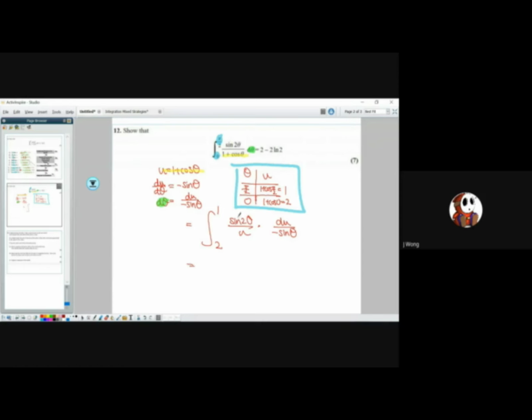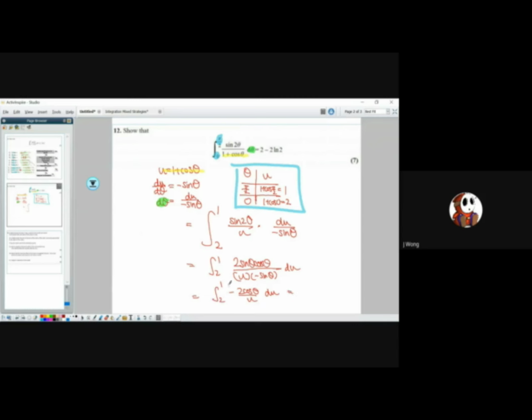Let's rewrite sin 2θ, which is 2 sin θ cos θ, divided by u multiplied by minus sin θ du. Simplifying that gives you minus 2 cos θ over u du.